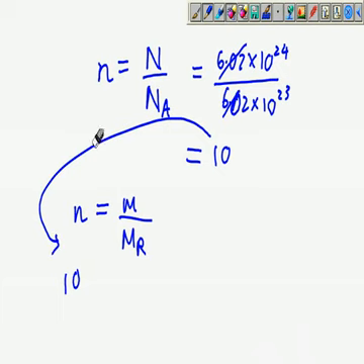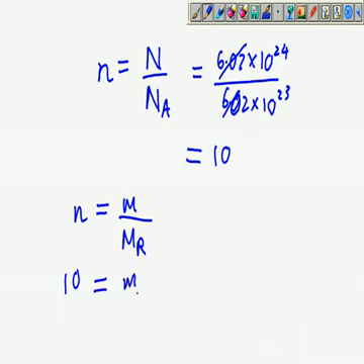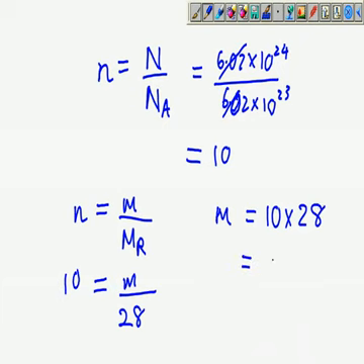Then the actual mass: the molar mass of nitrogen gas is 28. So the actual mass of nitrogen gas is 10 times 28. Maybe you would think that doing it one by one would be better. So it's up to you, it's your choice. You can choose between the two, whichever is more suitable for you.